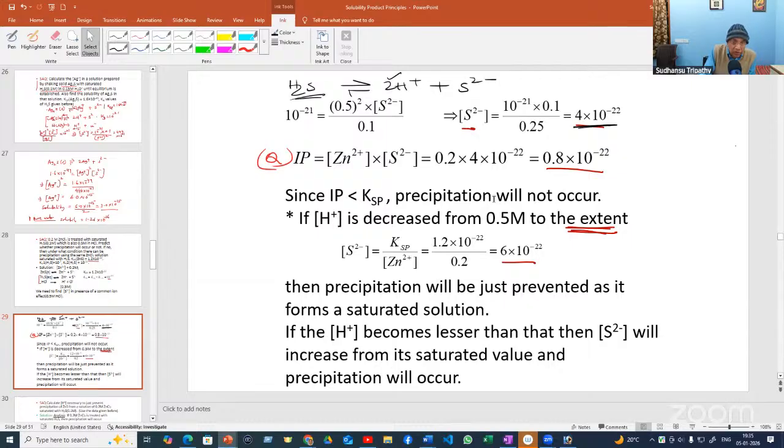So if we reduce the concentration from 0.5 to some value, say 0.4, we have to find that out. Then if this is maintained, there is no precipitation. But below that H plus ion concentration, there will be precipitation of zinc sulfide. You understood what I said, Mr. Rudra? Yes, sir.